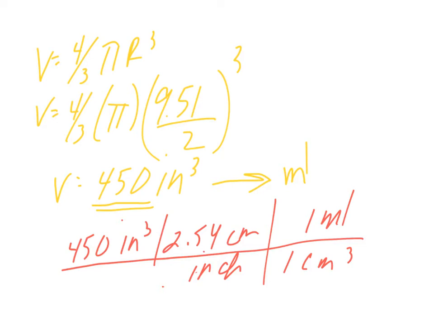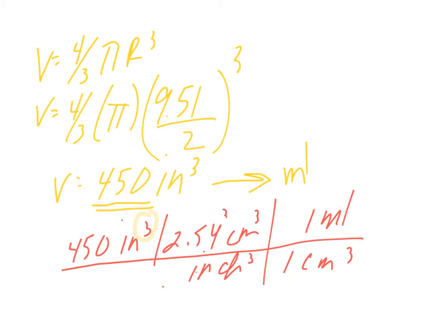Using the back of the book, I found out that there's 2.54 centimeters in an inch, and 1 mL equals 1 cubic centimeter. Now, hopefully you noticed that this is cubic inches, of course. And so my conversion factor, 2.54 centimeters equals an inch, is not cubic. So in order to make them cancel out, of course, what I'm going to do is cube this entire expression.